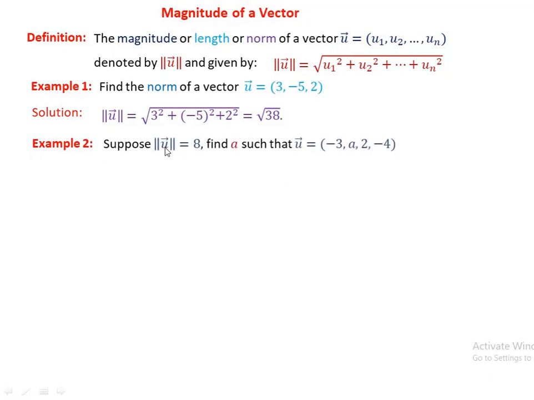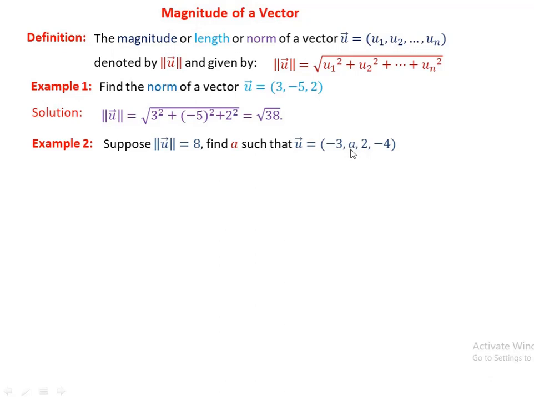The second example: suppose the norm of u is equal to 8. Then find a such that the vector u is given as (-3, a, 2, -4). Here the magnitude of the vector u is given and the vector u itself is also given, but there is a variable a, so we need to find the value of a.